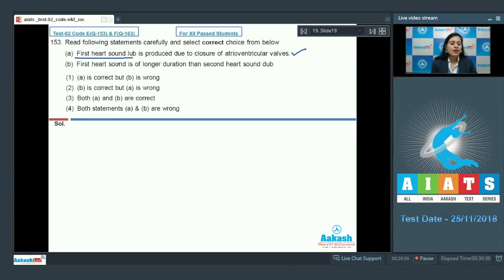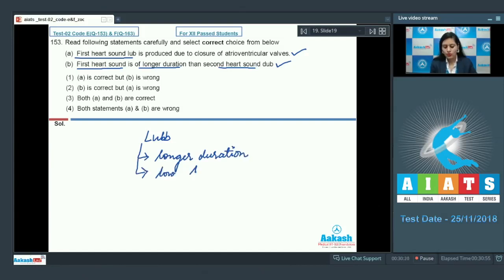Our next statement given is, first heart sound is of longer duration than second heart sound dub. And this is also a correct statement because lub has longer duration as well as low frequency in comparison to second heart sound.